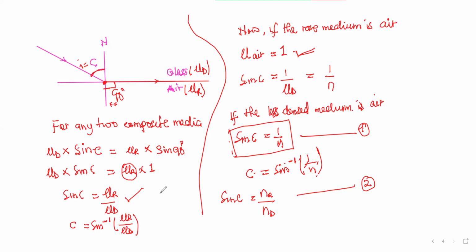So the R simply means rare, which is less dense medium. And the mu D is the refractive index of the denser medium. Are you okay? Yes, sir, thank you.